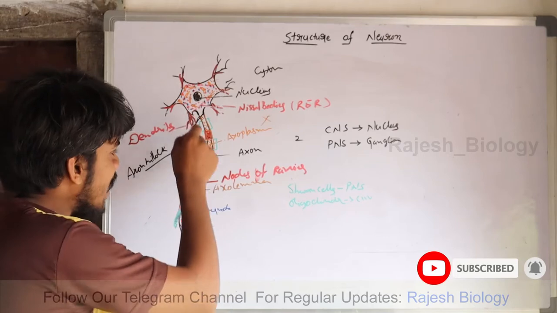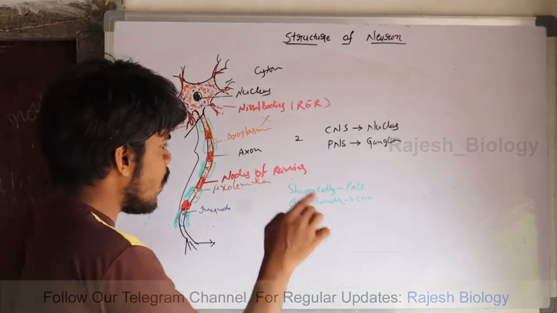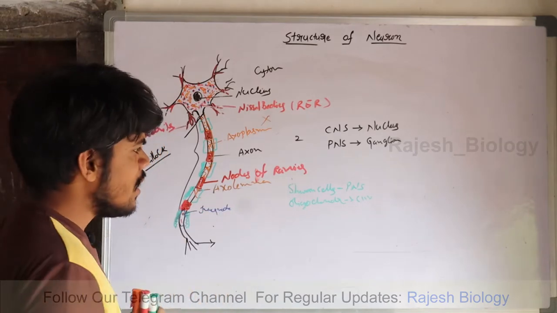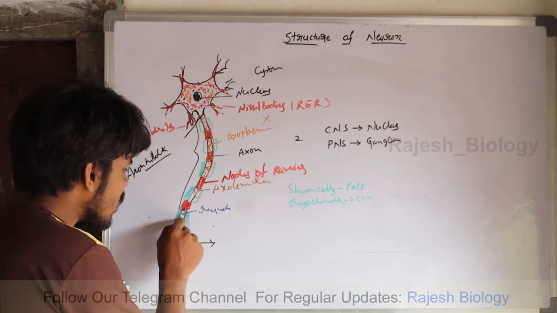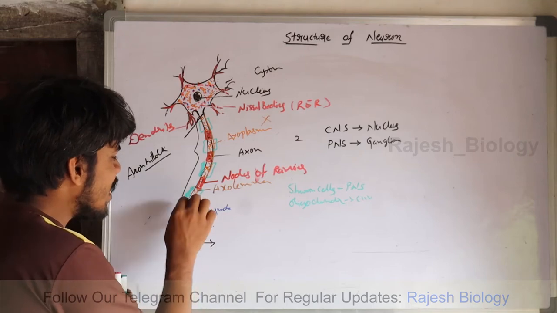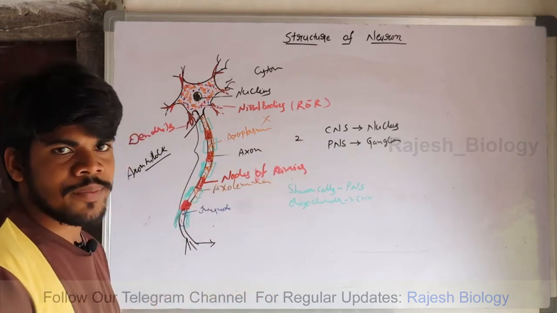The axon is covered by myelin sheath, formed by Schwann cells and oligodendrocytes in PNS and CNS respectively. The area covered by the myelin sheath is the internode, and the space between two internodes is the nodes of Ranvier.